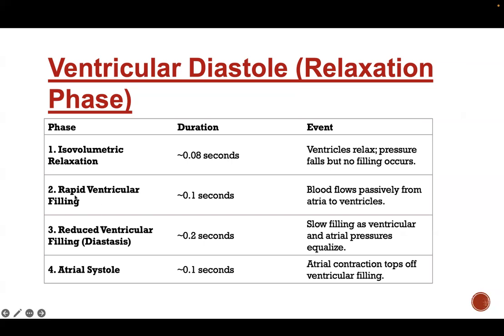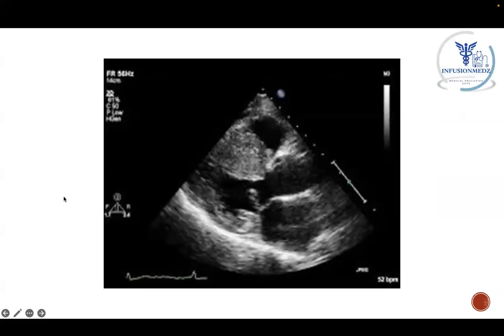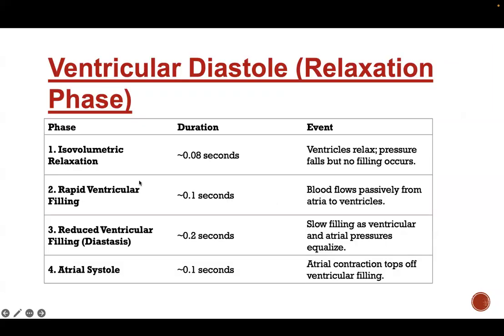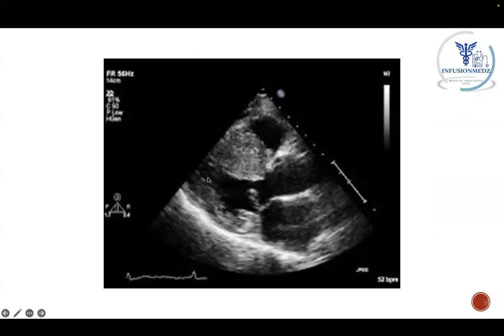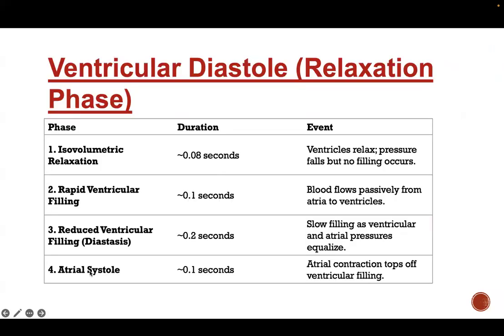If there is diastolic dysfunction or a relaxation defect, the blood is not able to empty in this rapid ventricular filling, which is passive blood flow. So now the majority of the blood has to go out through the atrial systole. Since the blood is not able to passively fill the left ventricle, the atria will contract very forcefully to send blood into the ventricle in this fourth phase of diastole.